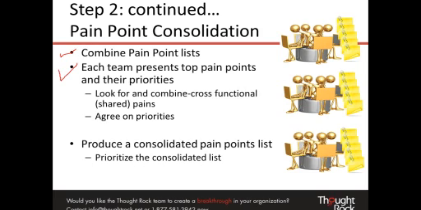And the way I like to do a pain point analysis, each team, while you have them in the room together, they're going to present their pain points and their priorities to the rest of the people involved. So everyone in the focus group or the brainstorming session, they all get to hear about what the different teams have come up with and how they've prioritized their frustrations.